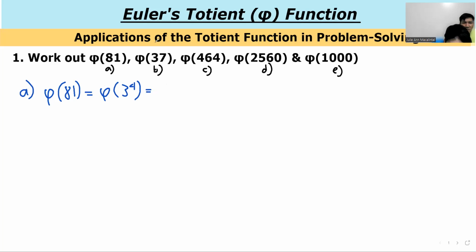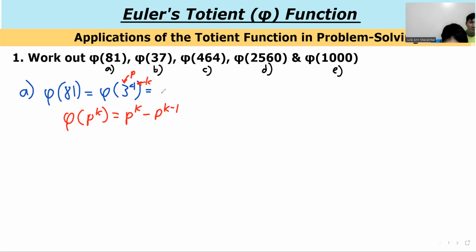The totient of any prime raised to an integer power is that number to the power minus that number to the power before it. So for 3 to the fourth, we identify 3 as p and 4 as q.